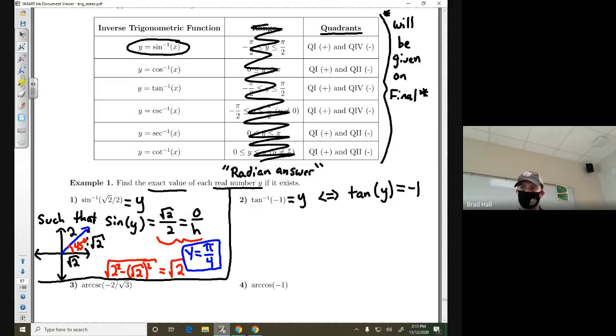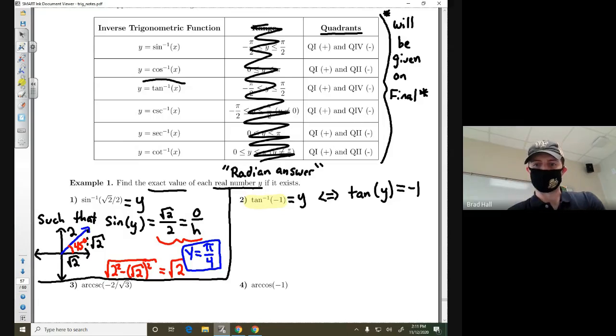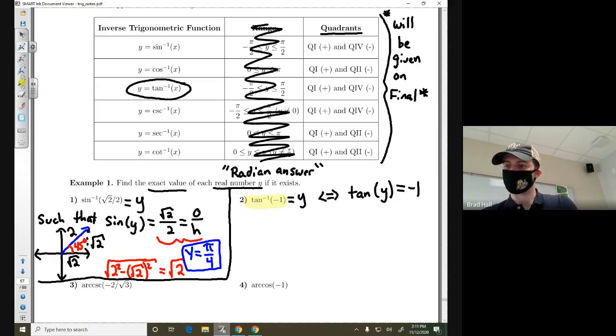So we have this placeholder variable. Now this brings us to solve this. Well, we had tan inverse of -1. So tan inverse brings us to this row. And we have a negative input, which means negative input, use quadrant 4.